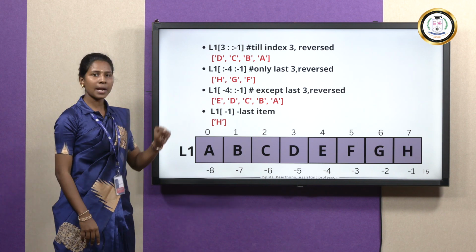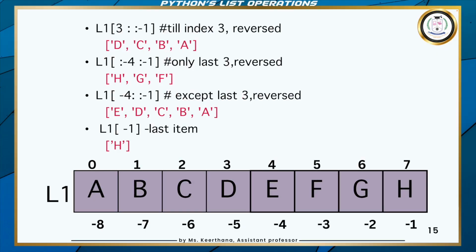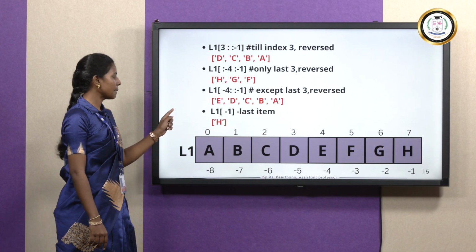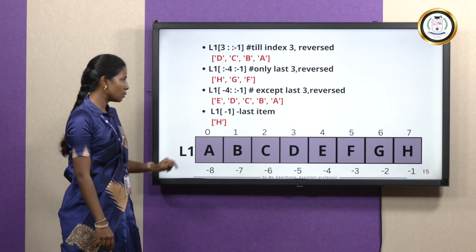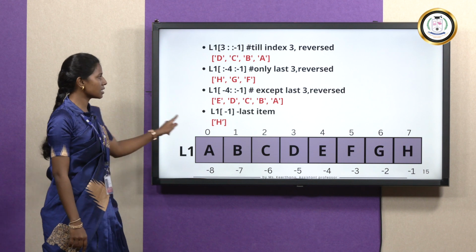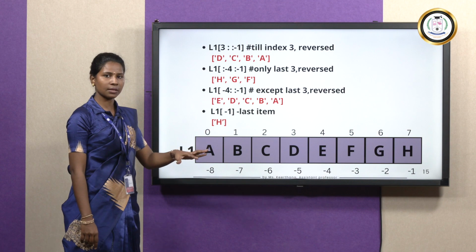Then I am going to use -1 as my step. First -4 will be printed, which is E. -4 minus 1 is -5, D will be printed. -5 minus 1 is -6, that is C will be printed. -6 minus 1 is -7, that is B will be printed. Then -7 minus 1 is -8, then A will be printed. This is how you will get the first few elements reversed except the last few elements.